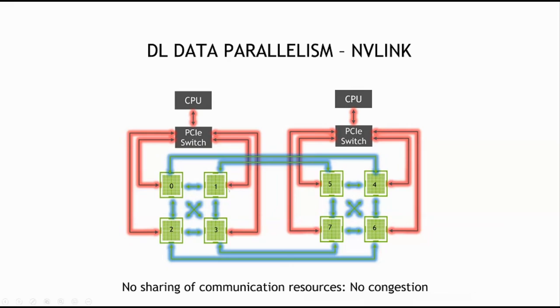Okay, so there's another question. Can NVLink work over two GPUs in two different boxes? The answer to that is no. When you say two different boxes, you mean two different servers. NVLink is used for connecting GPUs within the system.